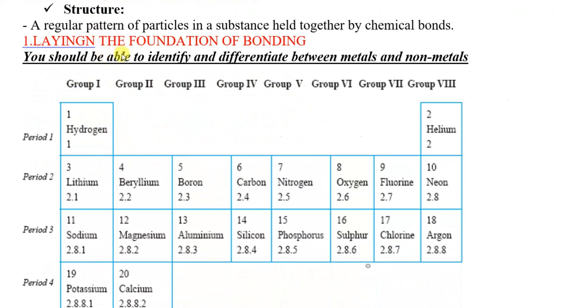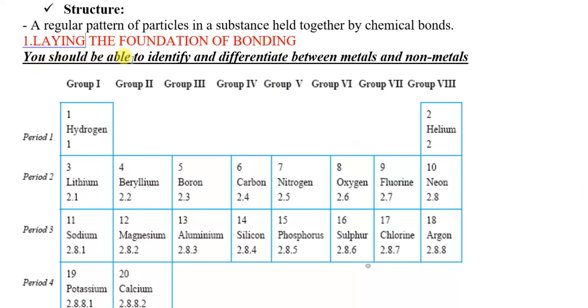Like I said, I want to concentrate on the bonds. So what I've given here is supposed to be laying up the foundation of bonding. So for us to understand what are the types of bonds and how bonds occur, there are basic things that you must have in mind.